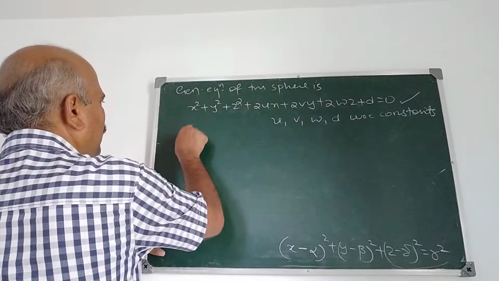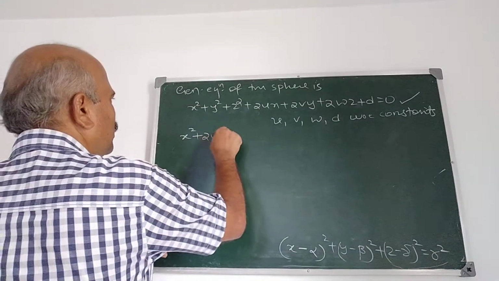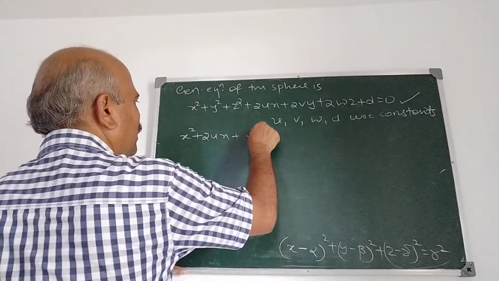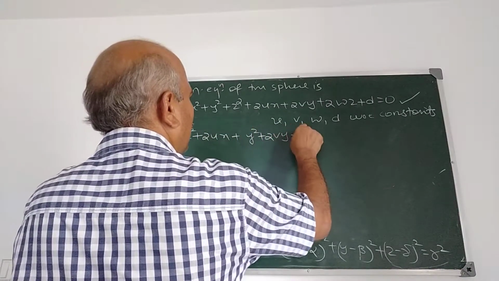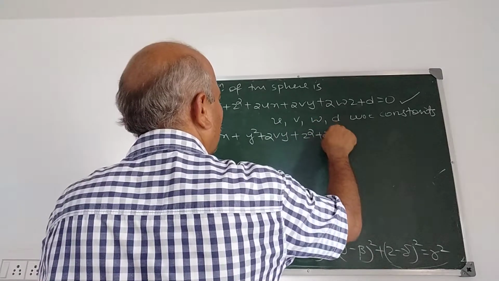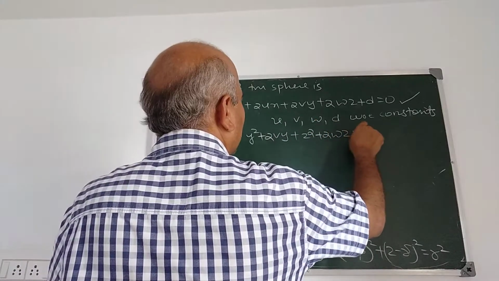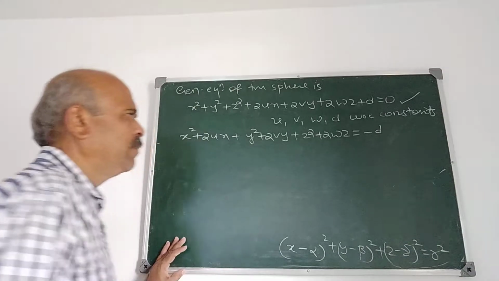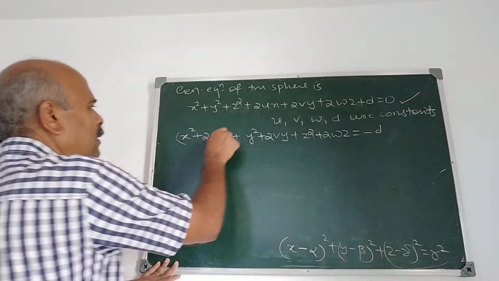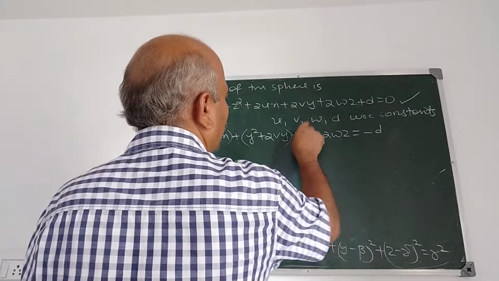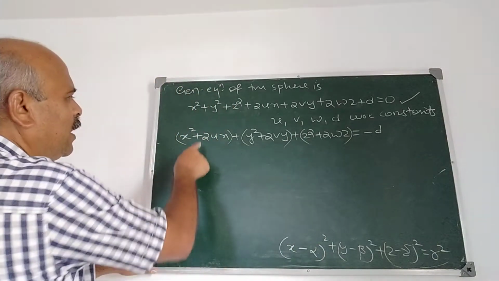For that, I rearrange the terms like this: x² + 2ux + y² + 2vy + z² + 2wz = -d. I collected the terms like this. Now I make these whole squares.